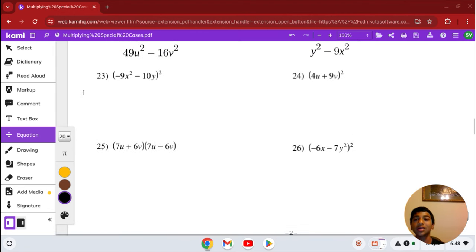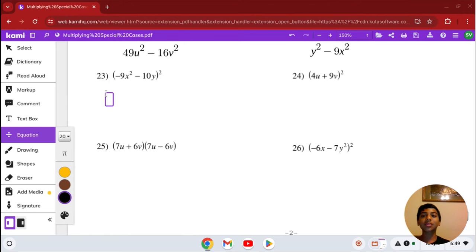Number 23, we have (negative 9x squared minus 10y) squared. Let's use a squared minus 2ab plus b squared. a squared, or negative 9x squared squared, is 81, and x squared squared is x to the fourth, so 81x to the fourth. Now, minus 2 times a times b, which is 10y times negative 9x squared.